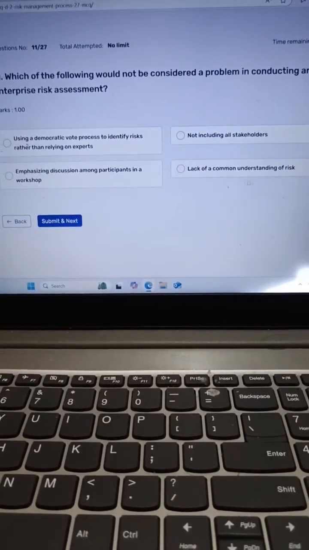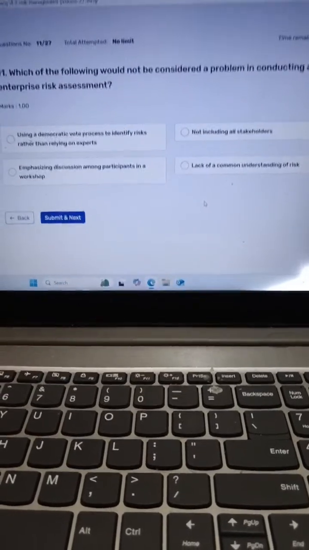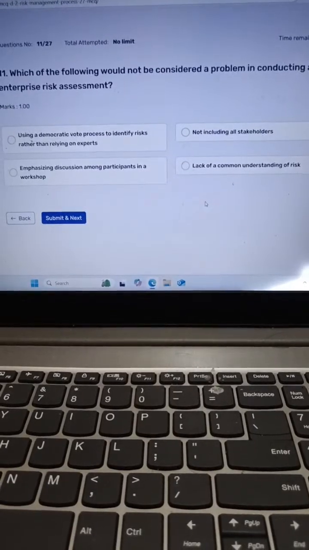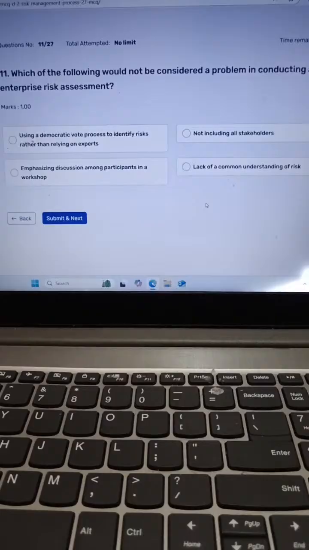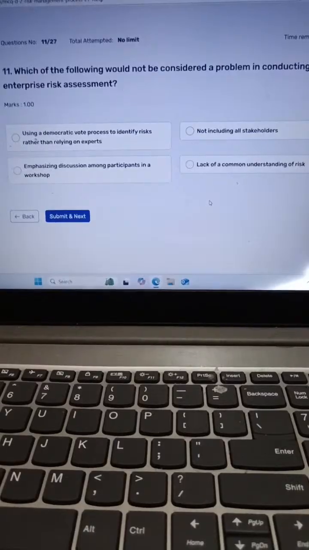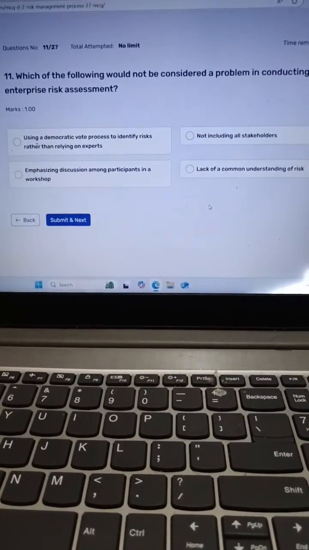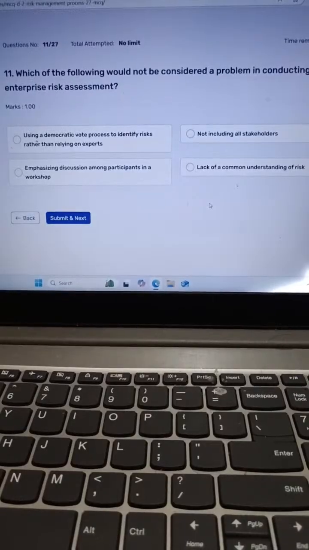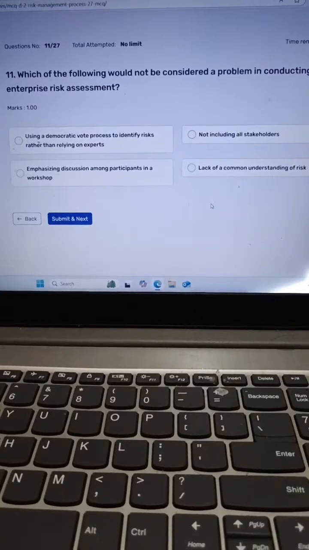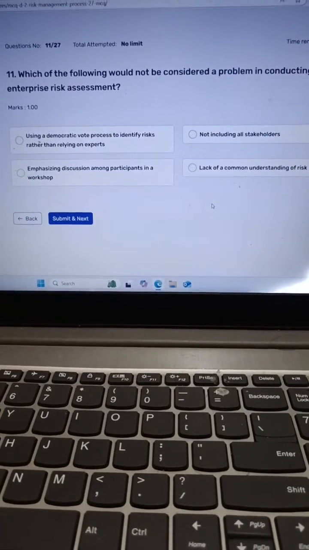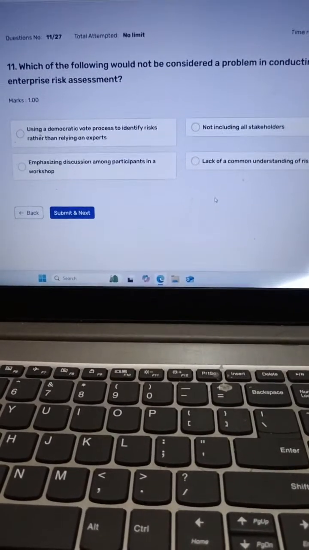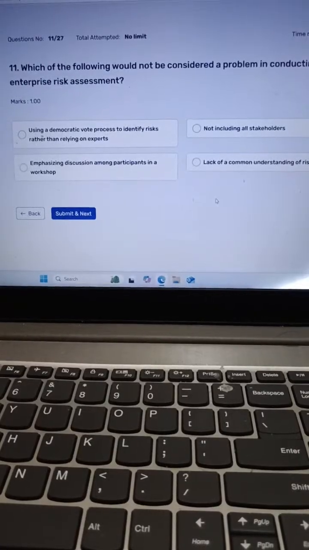Lack of common understanding of risks. This is not the right answer, I think. And emphasizing decision among the participants in the workshop. I think this workshop is also part of risk identification, using a democratic and broad process to identify risks rather than relying on experts. Is this assessment or not?